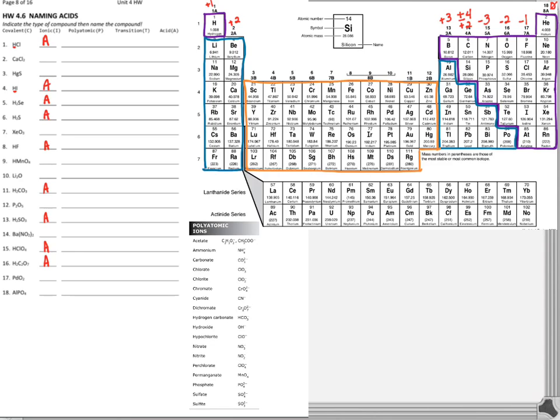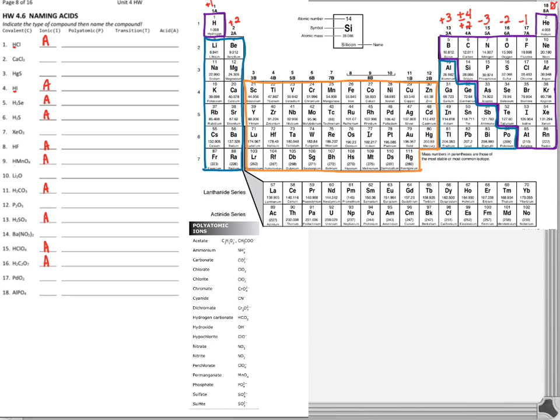The next one that's kind of easy for me to identify are my polyatomic ions. Those are pretty easy to identify because they're poly, which means many, so they're going to have 3 or more elements in them. So the first one, oh, I forgot an acid over here, so I would have identified it right here. So number 9 is also an acid. Sorry about that.